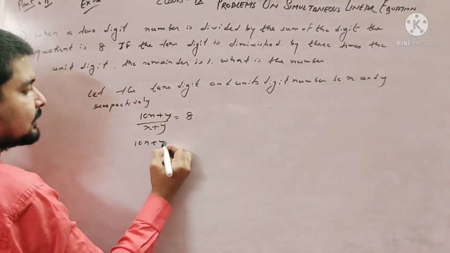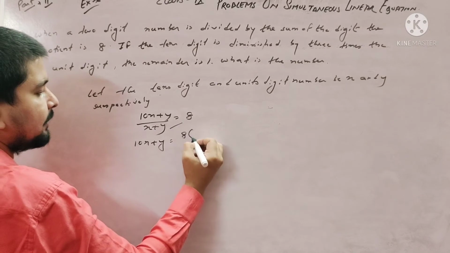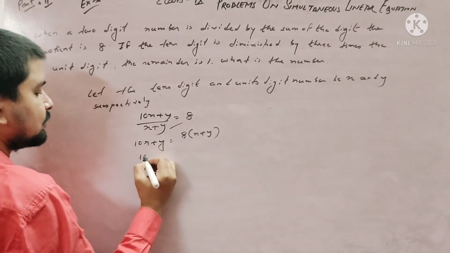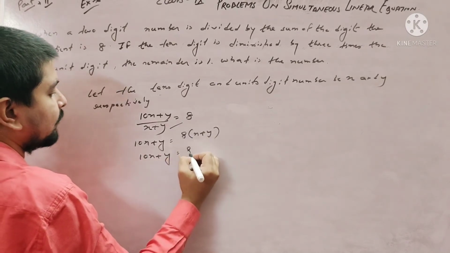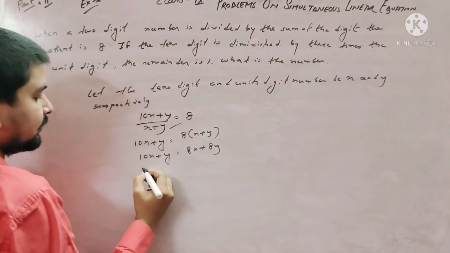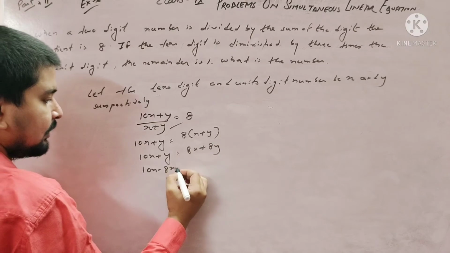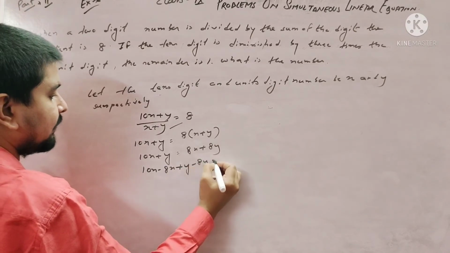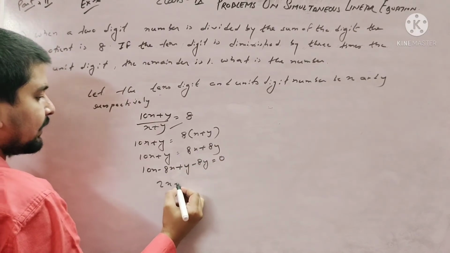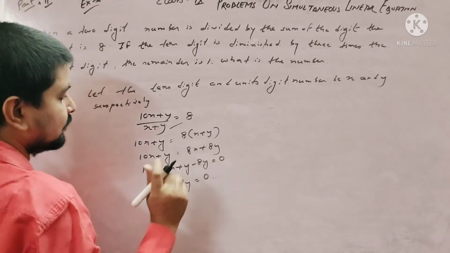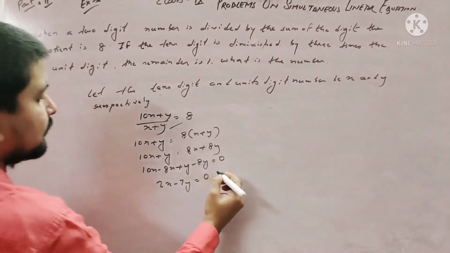Cross multiply: 10x plus y equals 8 times x plus y. So 10x plus y equals 8x plus 8y. So 10x minus 8x plus y minus 8y equals 0. So 2x minus 7y equals 0. This is our first equation.